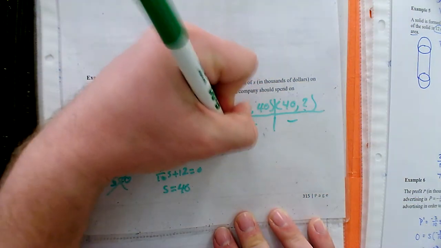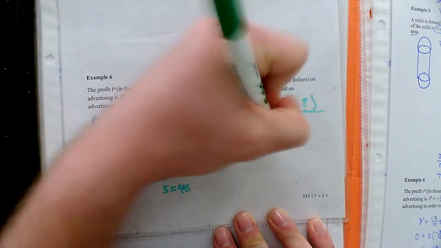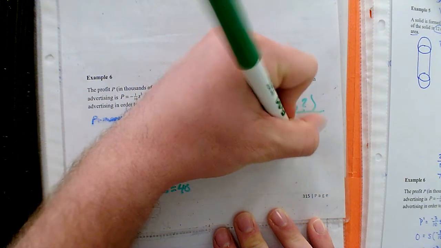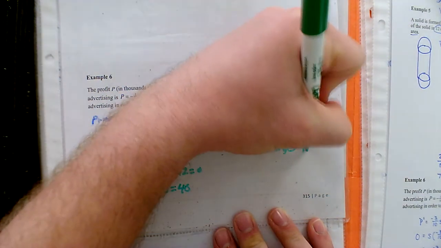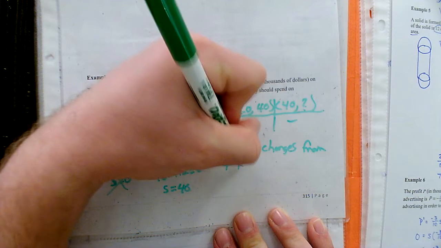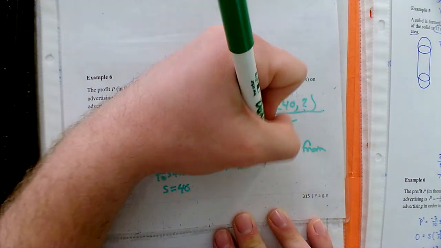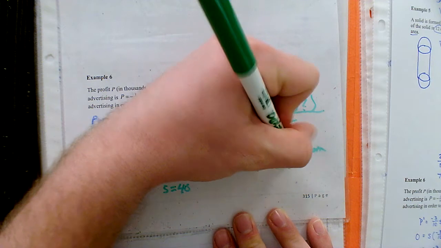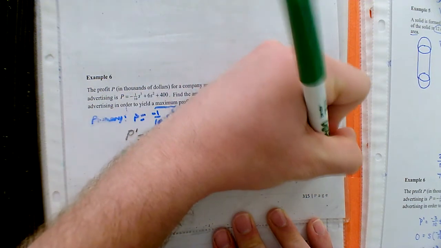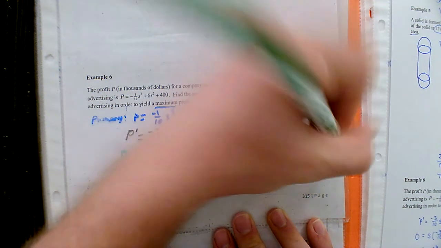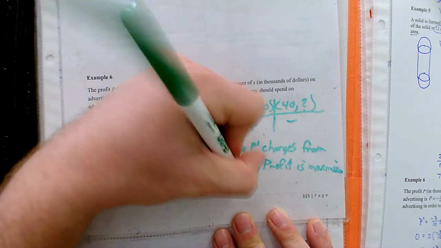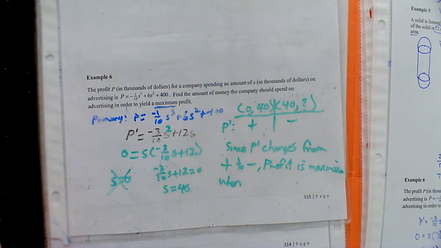So our conclusion, since P prime changes from positive to negative, profit is maximized when we spend how much? Profit is maximized when we spend how much money?